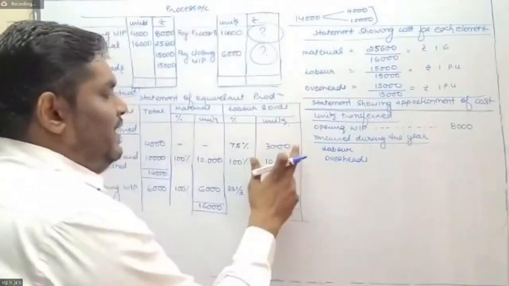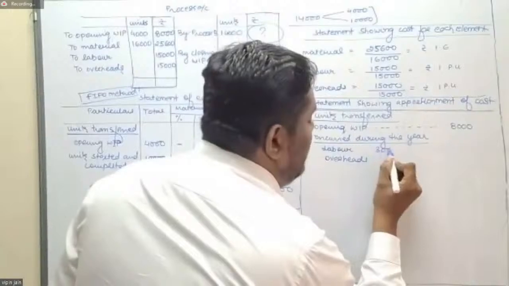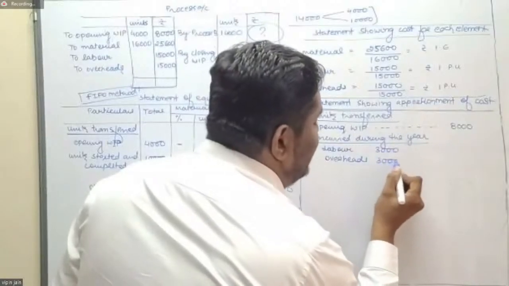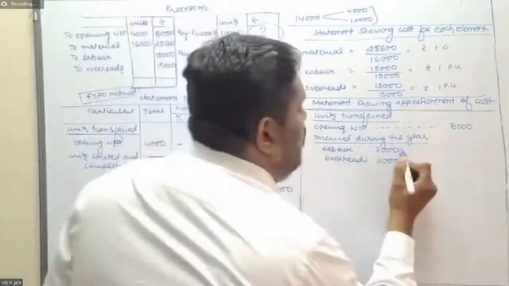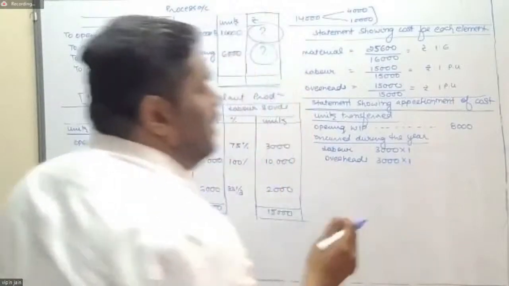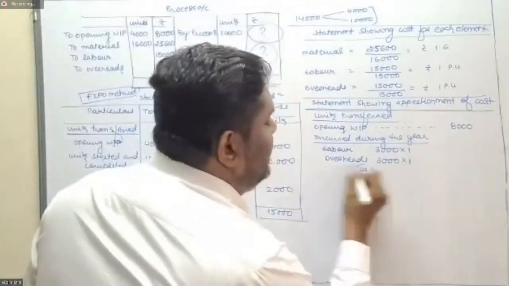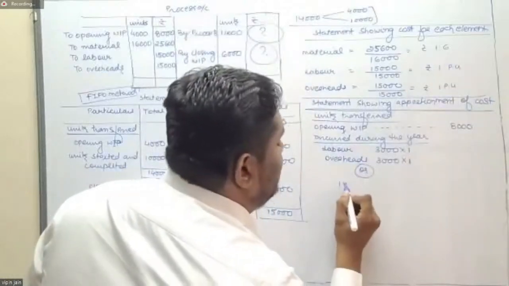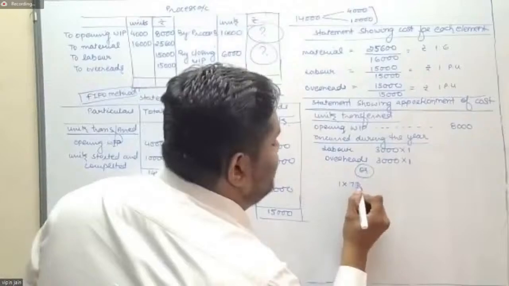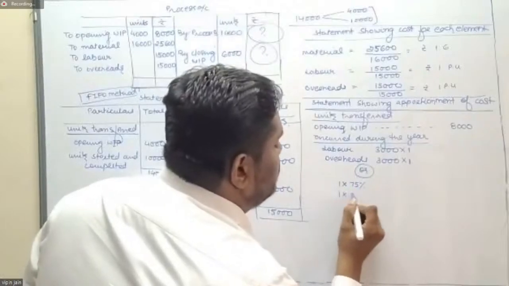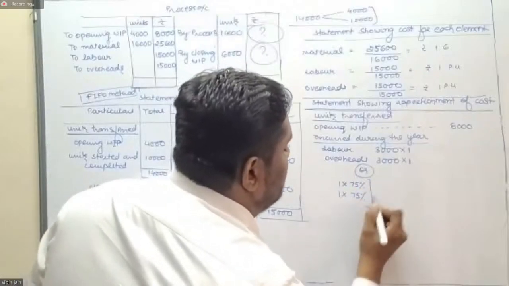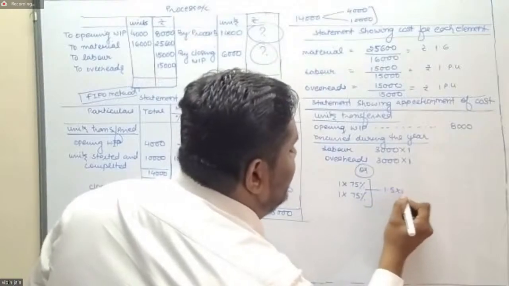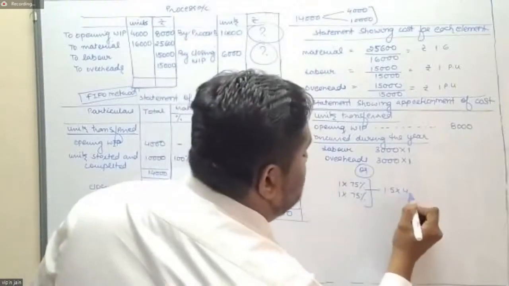The equivalent number of units for labor and overheads are 3,000 into 1 into 1. Alternatively, you can simply calculate 1 into 75%, 1 into 75%, that is 1.5 into 4,000.